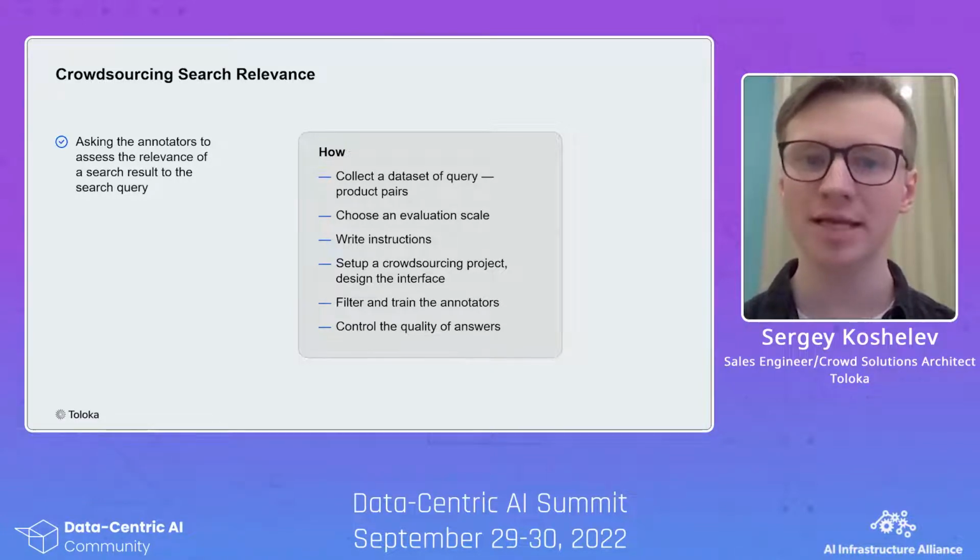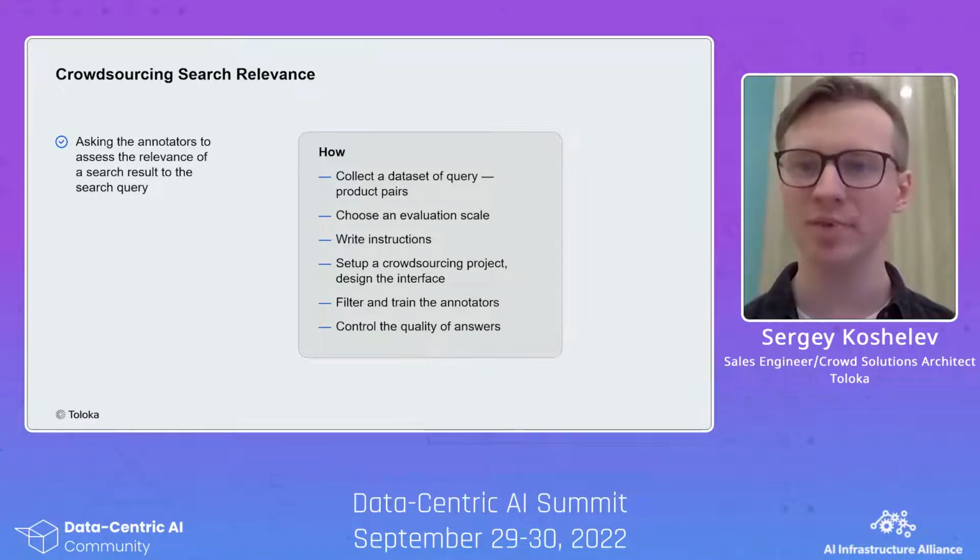First of all, we need to collect a data set of query product pairs. Then we need to choose an evaluation scale, the categories which will be used to label these pairs.